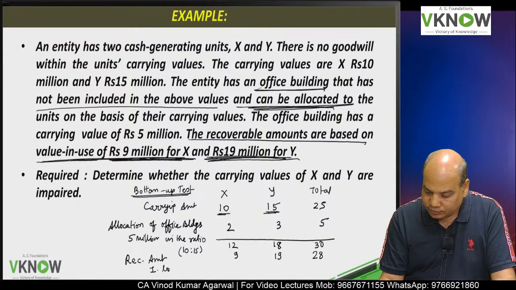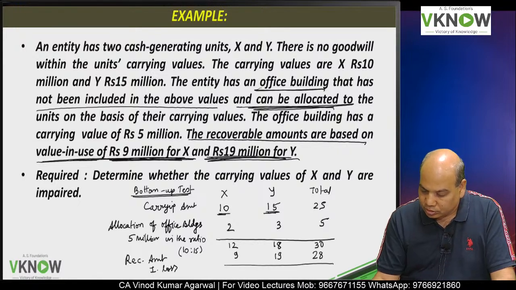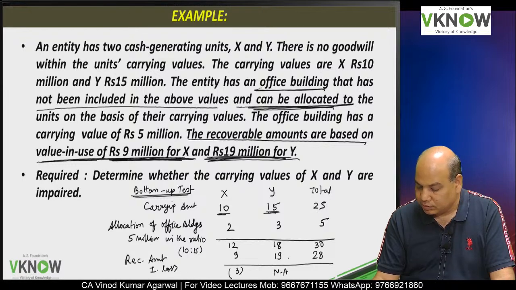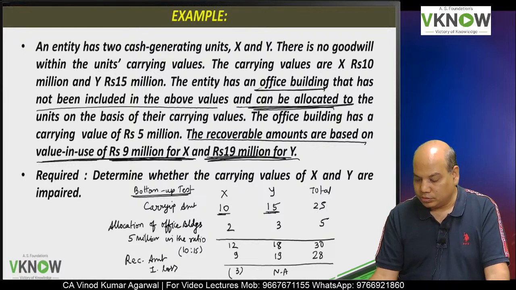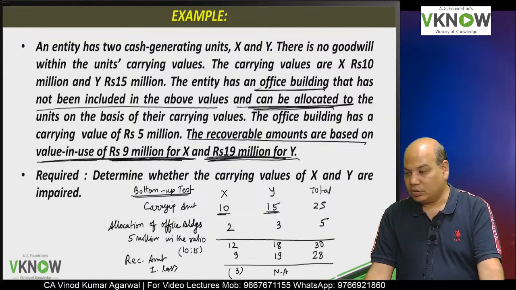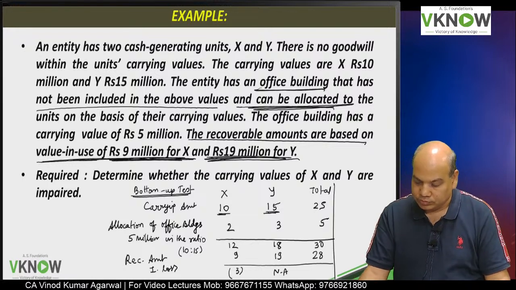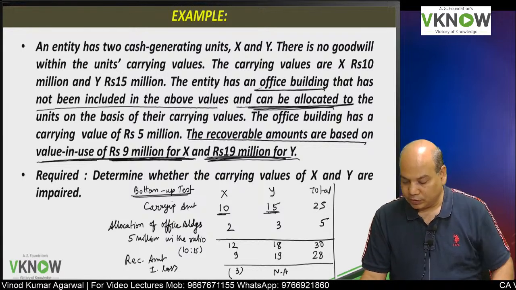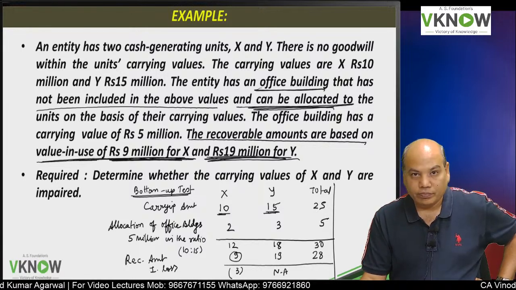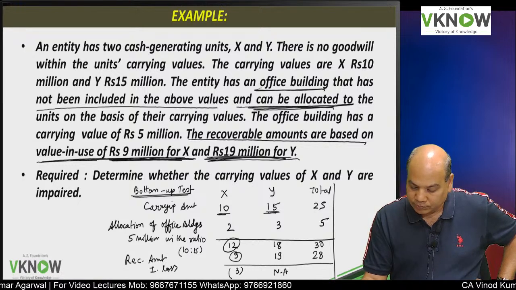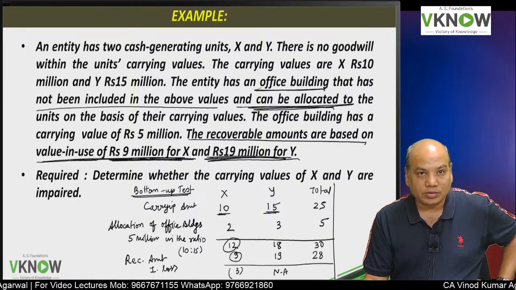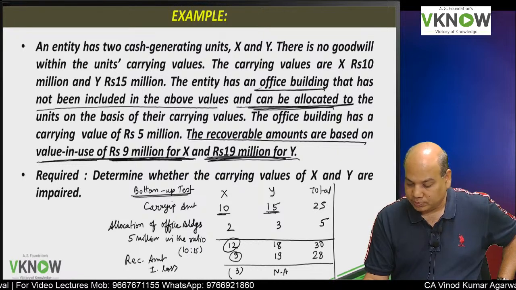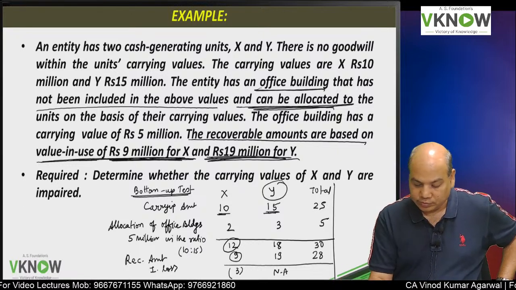Impairment loss: this is 3, and this is not applicable because the recoverable amount is more. Understood? So first you apply the bottom-up test. If the recoverable amount is less than the total of the carrying amount and the allocated value of the HO building, it is impaired. Unit-wise not impaired.